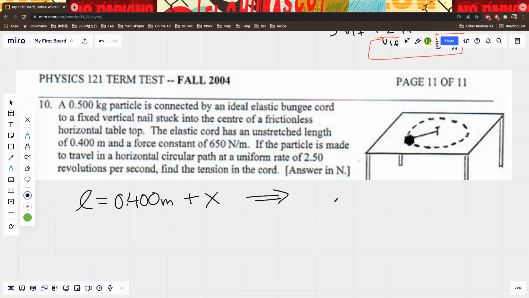That implies a spring force, F spring, equals negative kx. Or, yeah, we don't really need the vector sign if it's only one dimension.